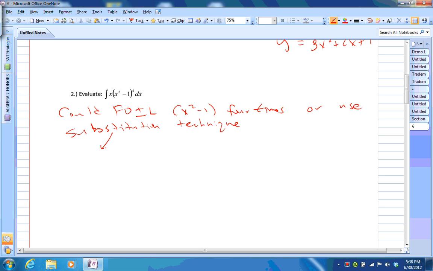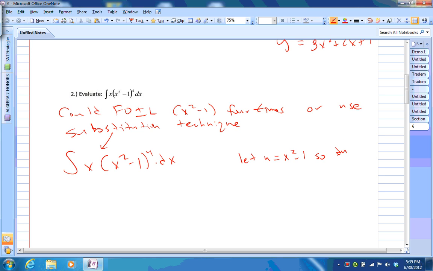So let's use the substitution technique. So here we have the integral of x squared minus 1 raised to the 4 power times dx. So in this case, we will let u equal x squared minus 1.